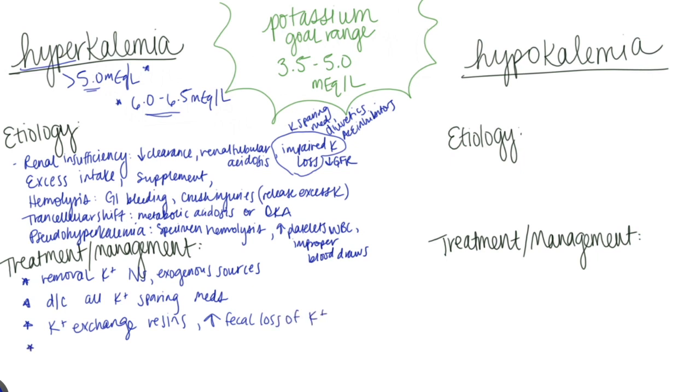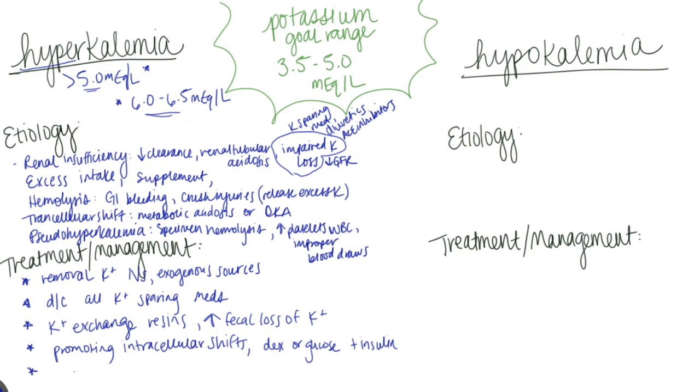If you're having issues with transcellular shifting, you may want to try promoting intracellular shifting. And this can be done with either dextrose or glucose, as well as insulin.